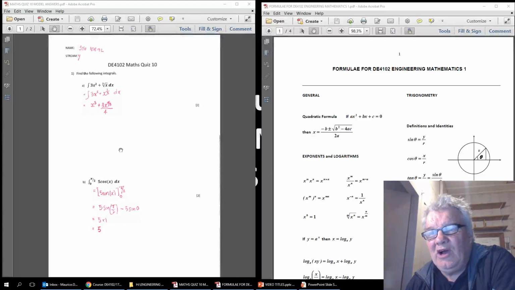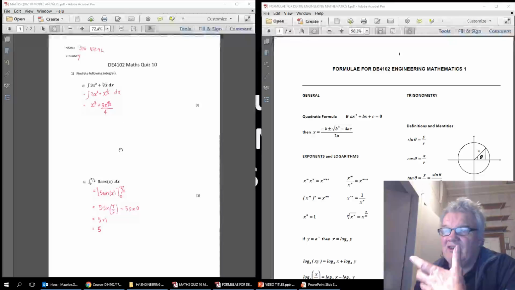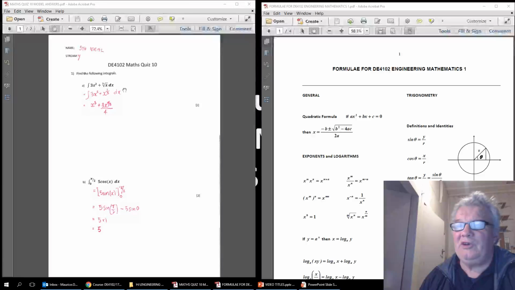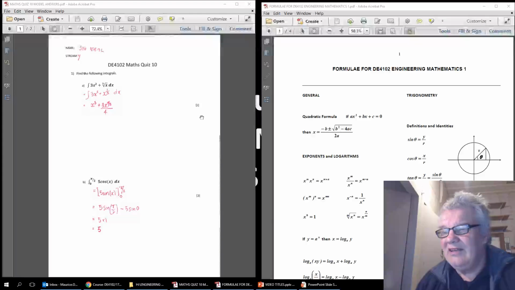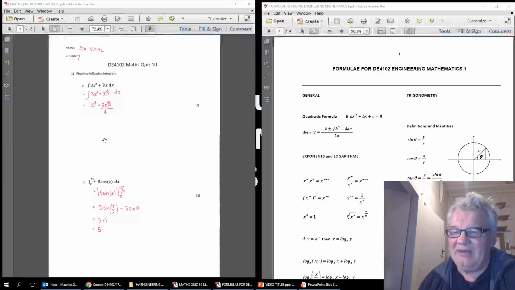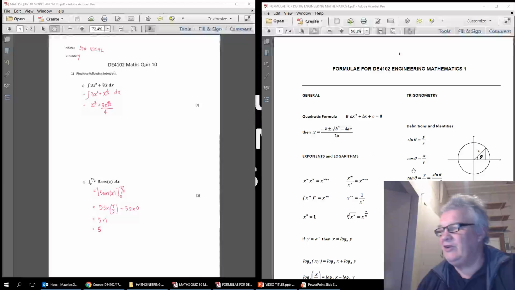We get x to the power of 4/3 minus 1, so that's x to the third, times 4/3, so we get 4/3 times 3/4, which gives us x to the third. So that's a pretty straightforward one there. 2 marks, pretty easy money, that one. So that's all very good.